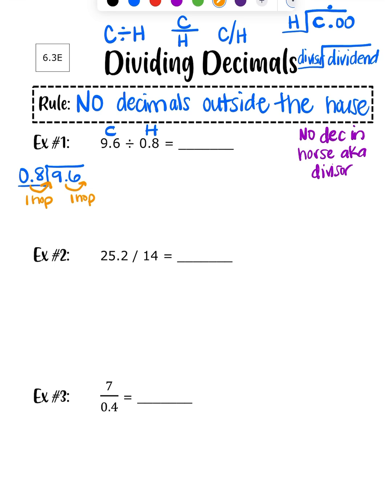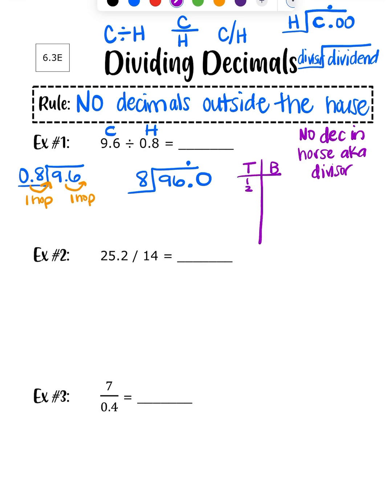So now on the outside, I have a whole number 8. I have a whole horse now. And inside, I have a whole 96. So your decimals are going to be stacked, okay? Boots and hat stacked on top of one another. And I'm going to go ahead and add a donut or a 0 behind it. All right. As I am solving, I'm going to make myself a top-bottom chart. So on the side with top, I'm going to count by ones.